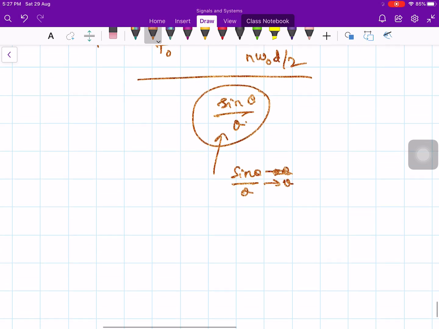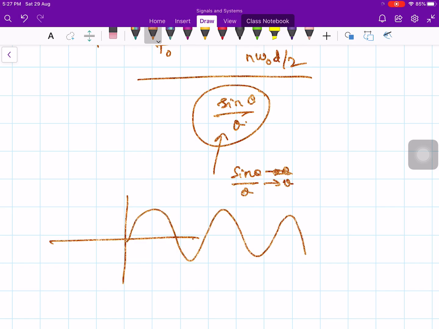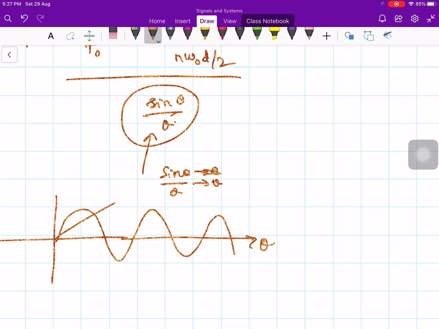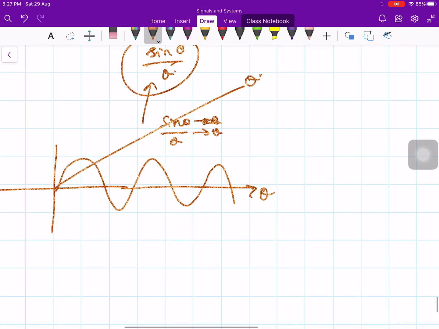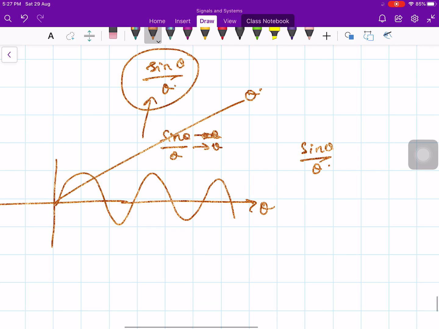Now we know sine theta is a function of theta. What about theta? It's a linear function. Now sine theta by theta, not multiplication. Let's say here the value is 0, and this value is some non-zero.